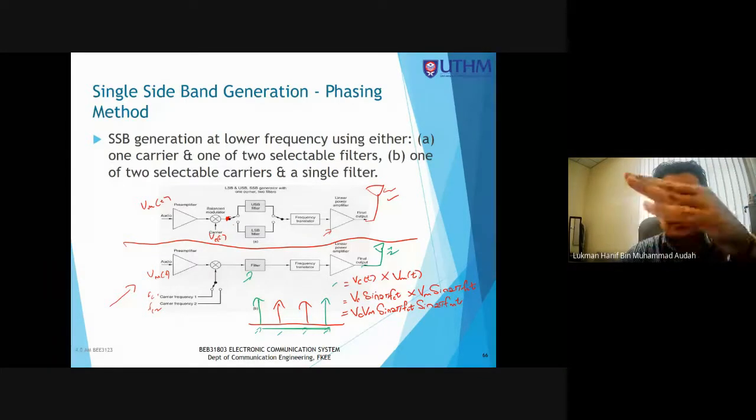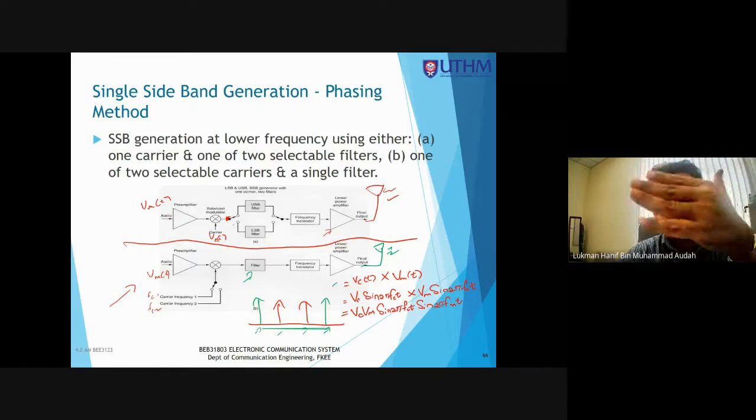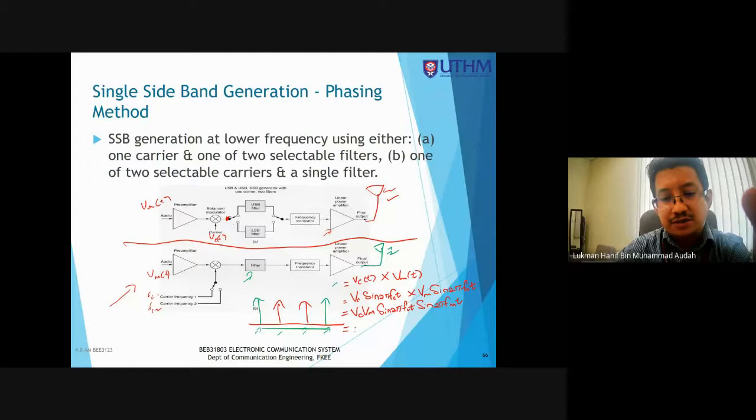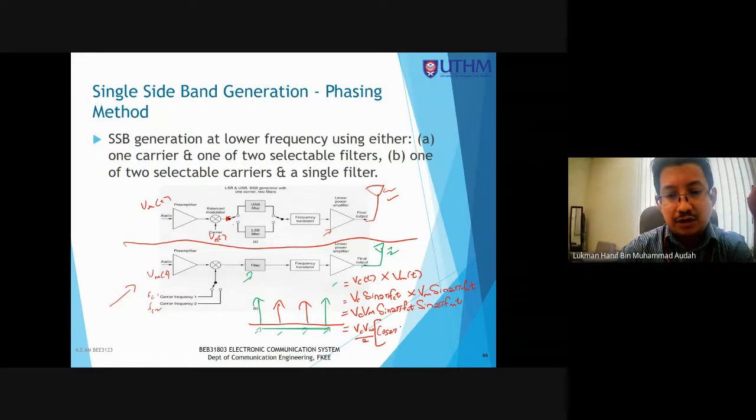Okay, half of cos minus cos. Separuh daripada cos tolak cos. That means dia akan jadi seperti ini: VC VM per 2 big bracket cos 2 pi FC minus FM T for the lower sideband, minus cos 2 pi FC plus FM T close big bracket.